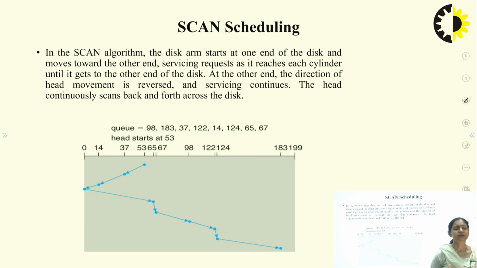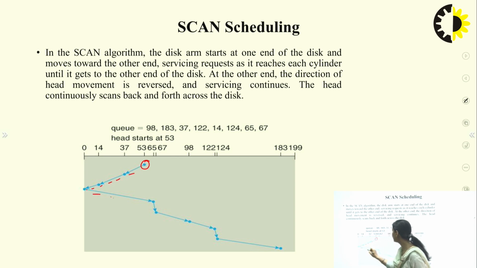The next scheduling that we have is SCAN scheduling, where the disk arm starts at one end of the disk and moves towards the other end, servicing requests as it reaches each cylinder until it gets to the other end of the disk. At the other end, the direction of head movement is reversed. So if it starts from 53, it will move to 37 till 0, and then it will start again in the other direction.